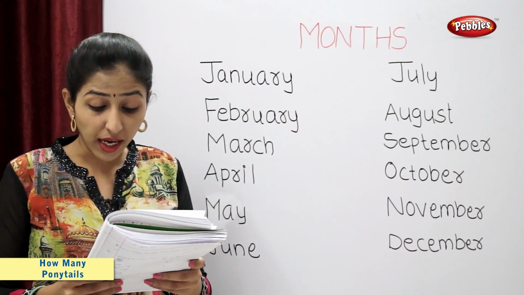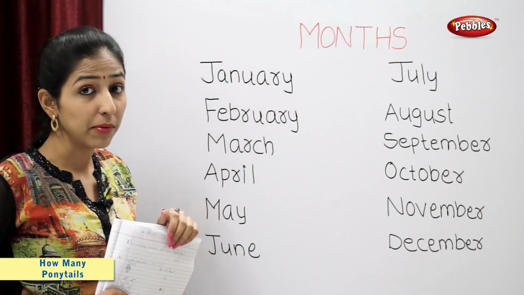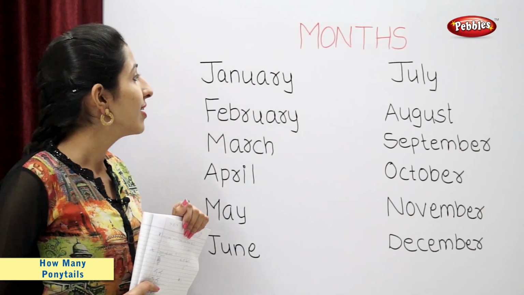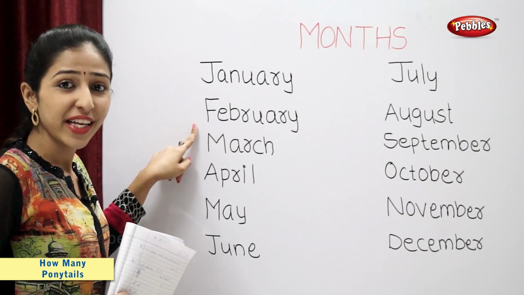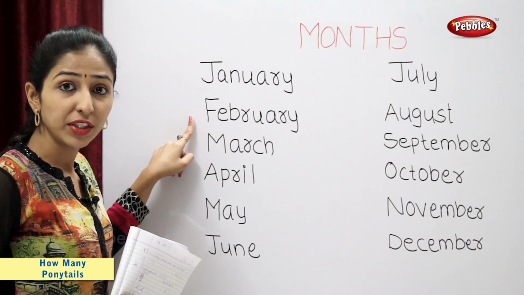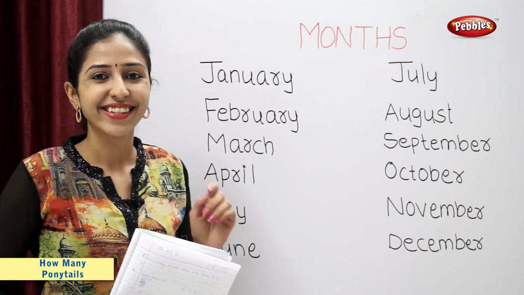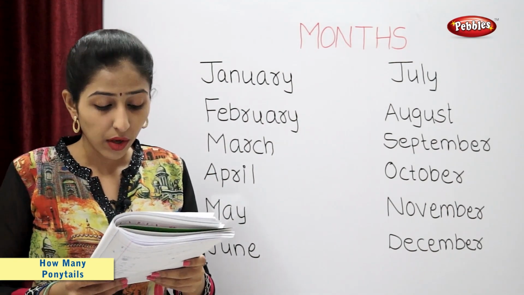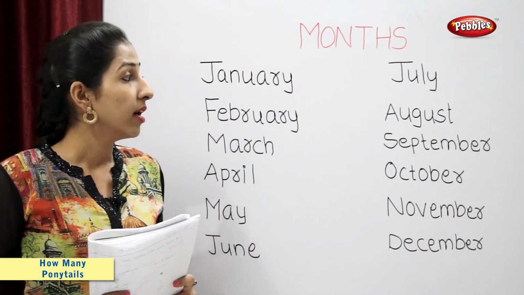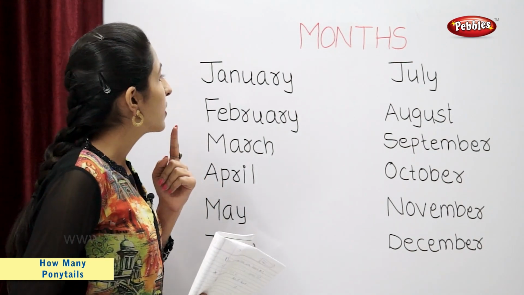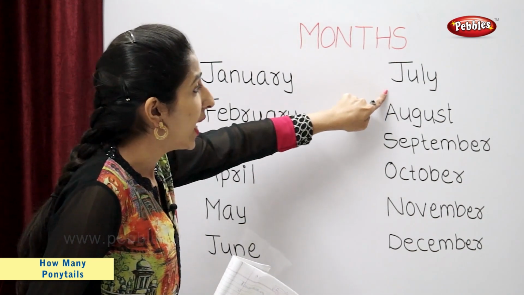How many months start with letter F? Look at the chart and tell me, students. February. Month February starts with letter F. So, there is only 1 month. Which month name has the least number of characters? Let's find out. Least number of characters. Is that July?